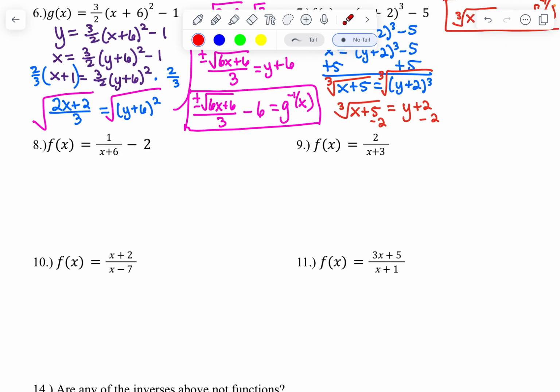All right, number 8. Again, start by swapping that f of x with the y equals. And then we'll swap our x and our y. And we'll start solving for y. So we'll add the 2 to move it over to the left-hand side.